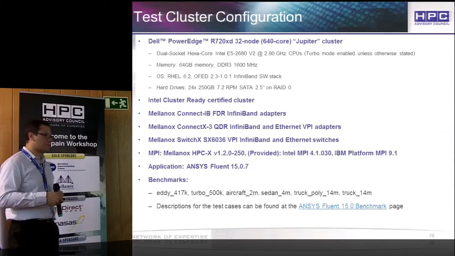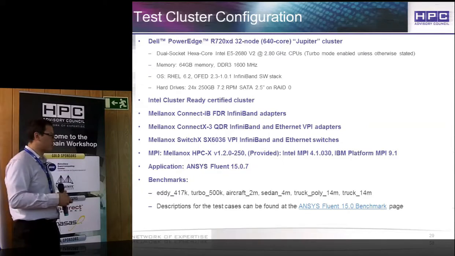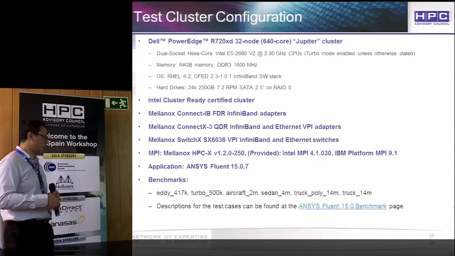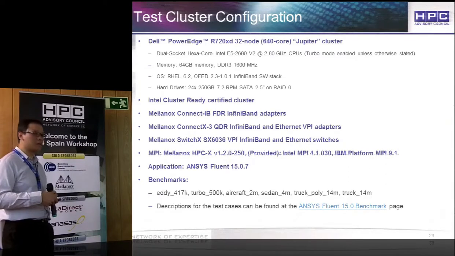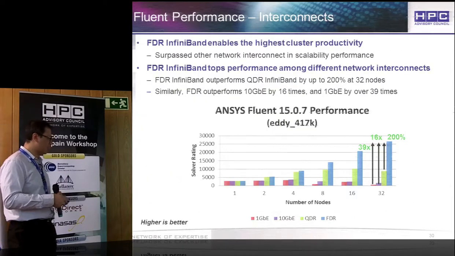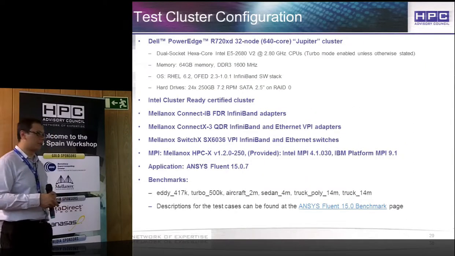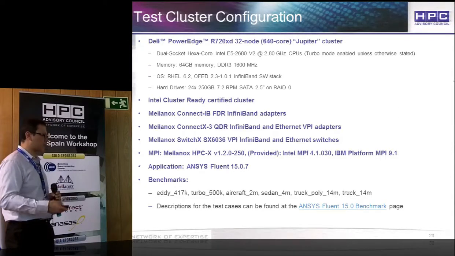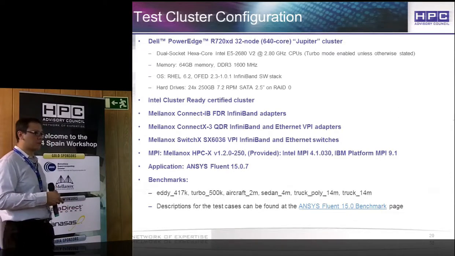ANSYS Fluent 15.07 is the latest Fluent version out there. I'm going to compare with a few of the benchmarks available to me. The descriptions of those test cases can be found on the benchmark page by ANSYS Fluent.